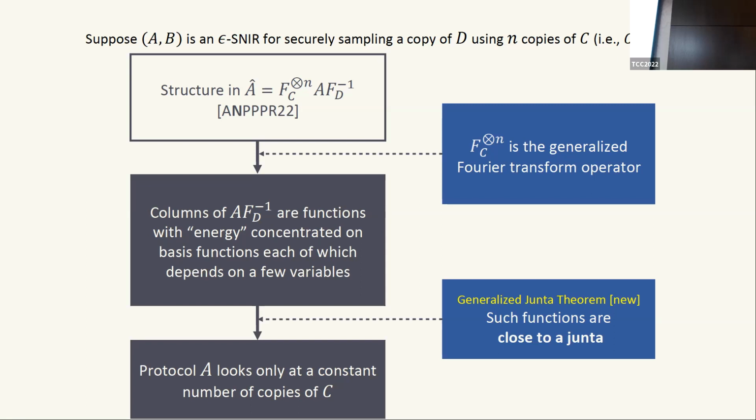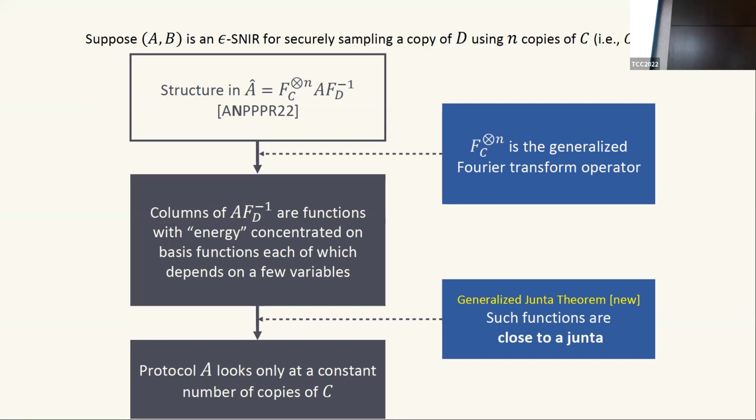But now what this means is that if there is a statistical SNIR for D using C, then for every epsilon positive, however small it is, there is a protocol that uses only a constant number of copies of the correlation and gives you an SNIR that has less than epsilon security and correctness error.